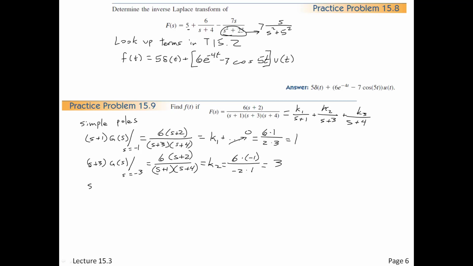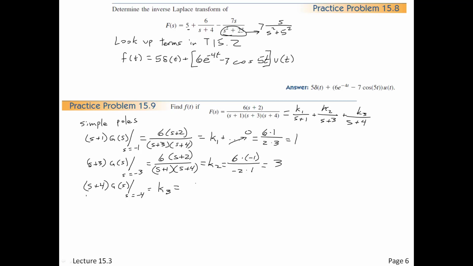Okay, and the last one, at this point, it pretty much becomes just running with it. The real trick, and we just didn't have much to worry about here, is doing the expansion. In the first problem, we didn't even have to worry about all of that. So this is s equals minus 4, and this is going to be equal to k3.